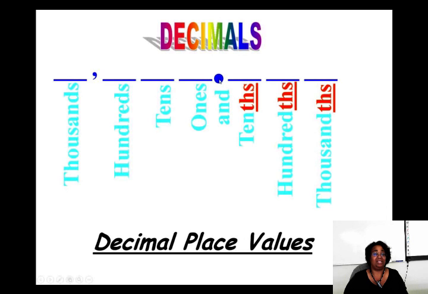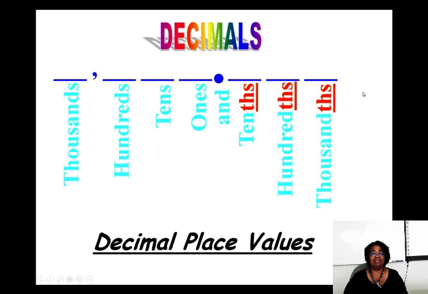So we have already studied the ones, the tens, the hundreds, the thousands, and so on when we were working with whole numbers. But I want to focus on those place values to the right of the decimal. Notice the first place value is not a ones or a units, it's the tenths. Every place value will go by 10. So we have the tenths, the hundredths, the thousandths.